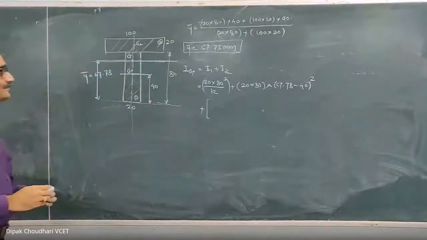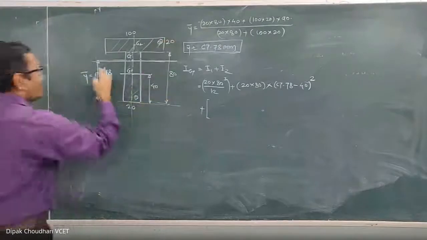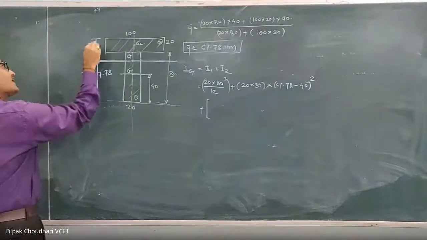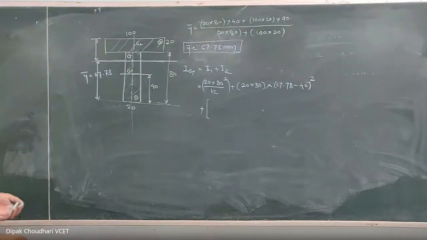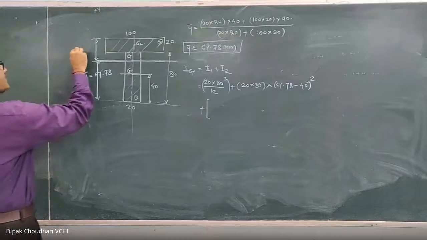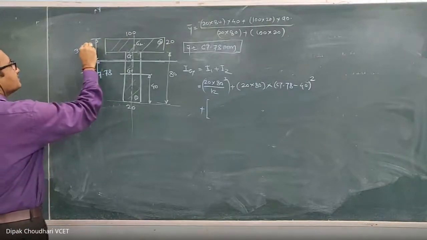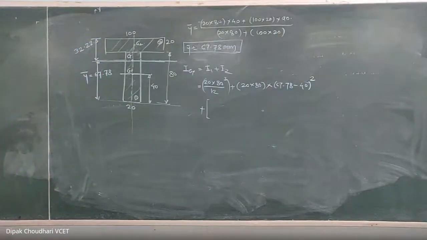Now to calculate that, this is 100 and this is 67.78. So what is the distance of the top surface from the centroidal axis? 100 minus 67.78 is 32.22. Is that correct?